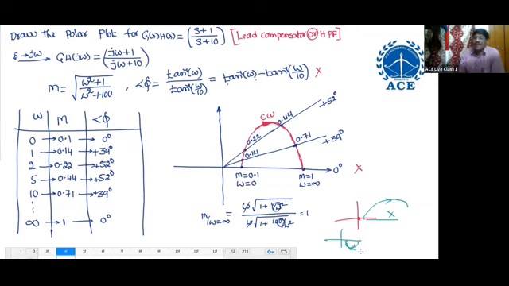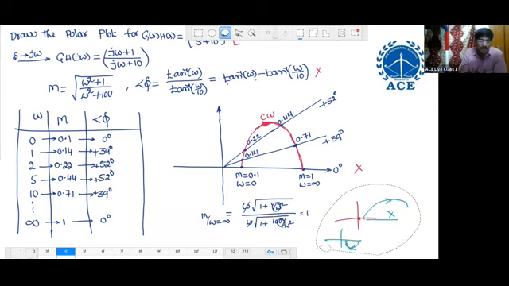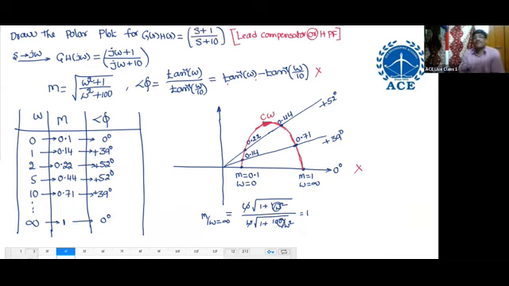Then our procedure is valid. Remember, our procedure is valid for low pass and band pass, but it is not valid for high pass filters. Except high pass, it is valid for all the problems.